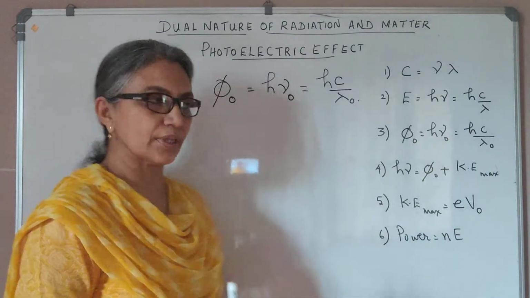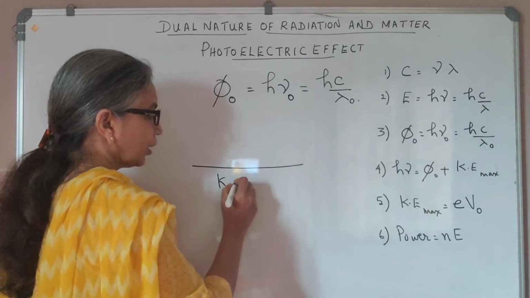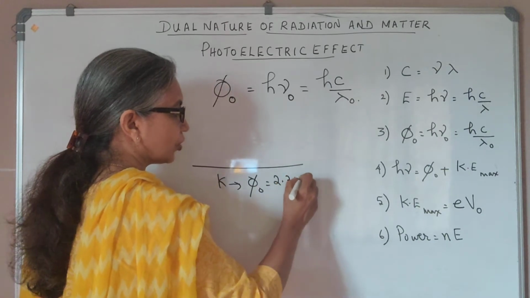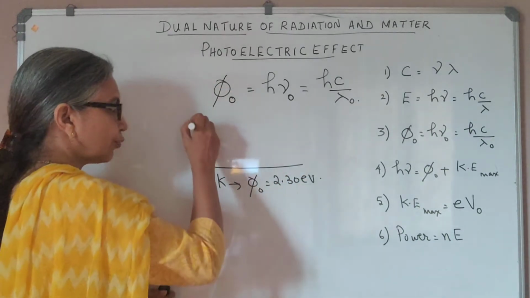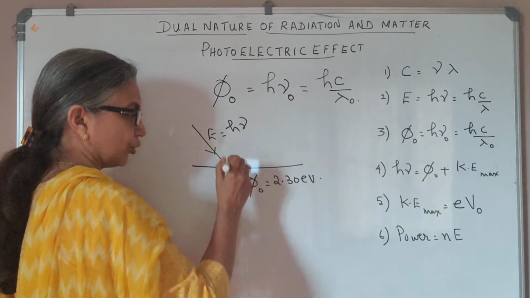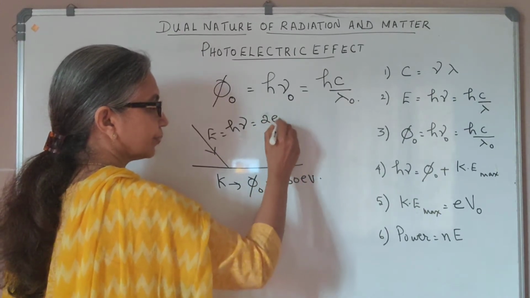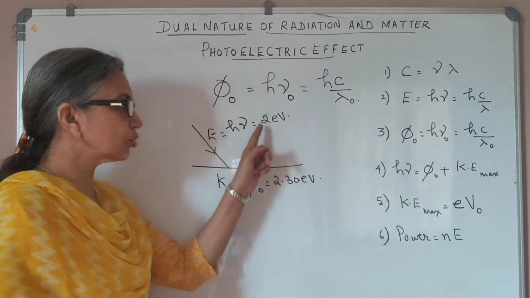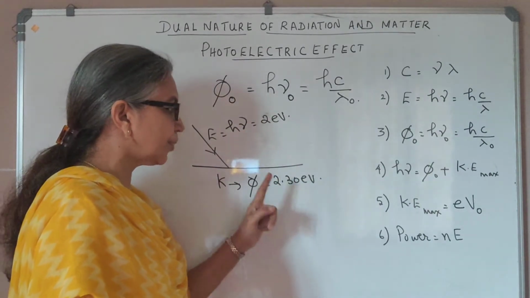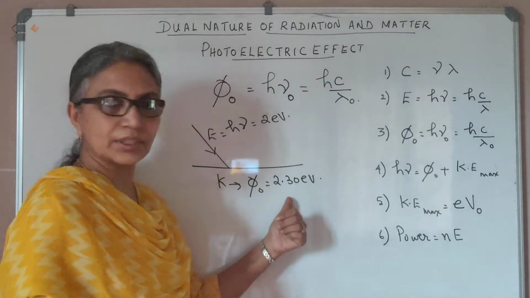For example, let us take potassium metal. Its work function is 2.30 electron volt. So if your incident radiation, whose energy as we know is equal to h nu, has, let's say, only 2 electron volt, then the minimum energy required for this metal surface to emit an electron is 2.30.